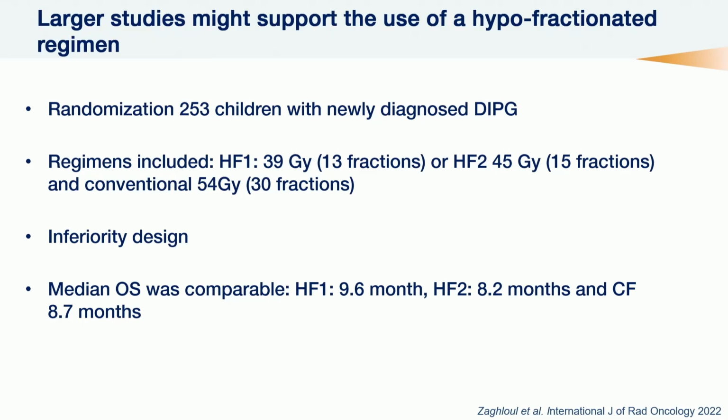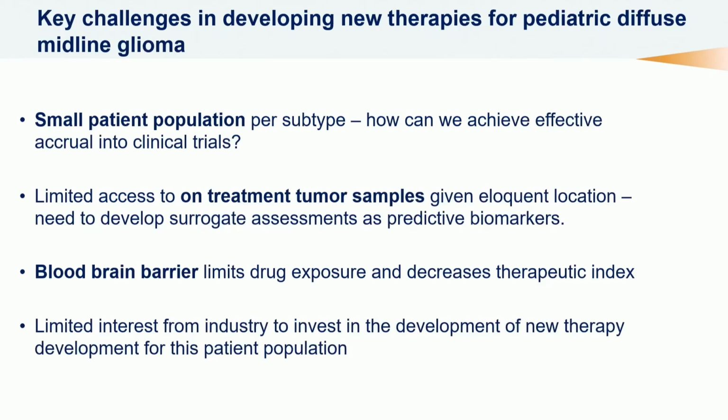So these are some of the things that different centers are currently exploring for the treatment of children with these diffuse midline glioma. But when we are thinking about what we can offer to our patients after completion of radiation therapy, the key challenges we face developing new therapies is that we have a very small patient population, especially when we take into account different subtypes, as I mentioned previously. We have limited access to tumor samples given the eloquent location.